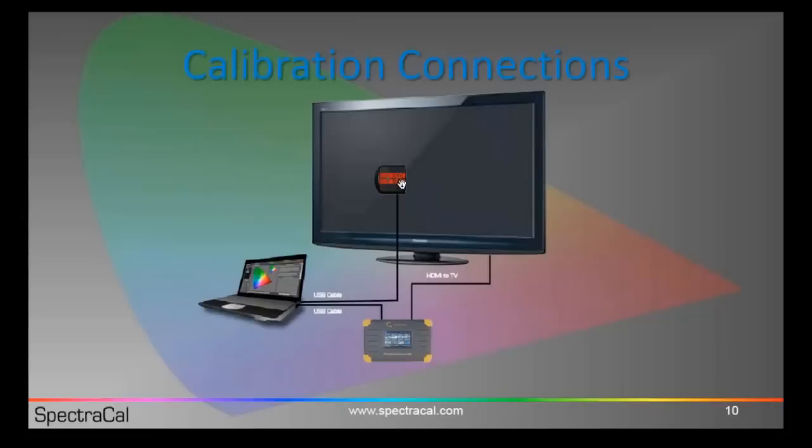A meter connected to the laptop would be pointed at the center of the screen in order to make measurements there. A generator would be generating test patterns to the display with a HDMI connection to the display, for instance, and that would have a control cable coming from the computer in order to command it to produce the desired test patterns at the appropriate times.